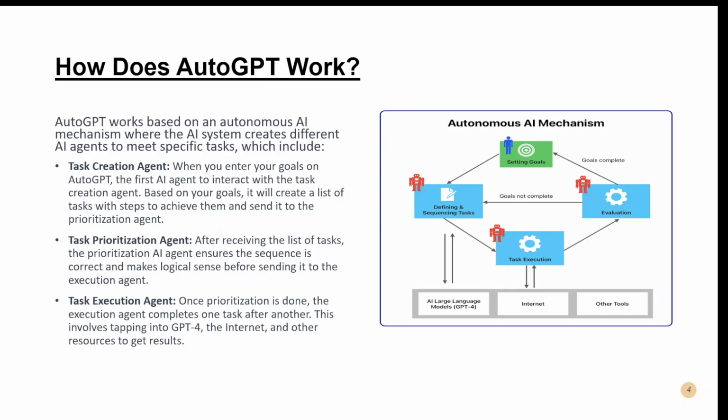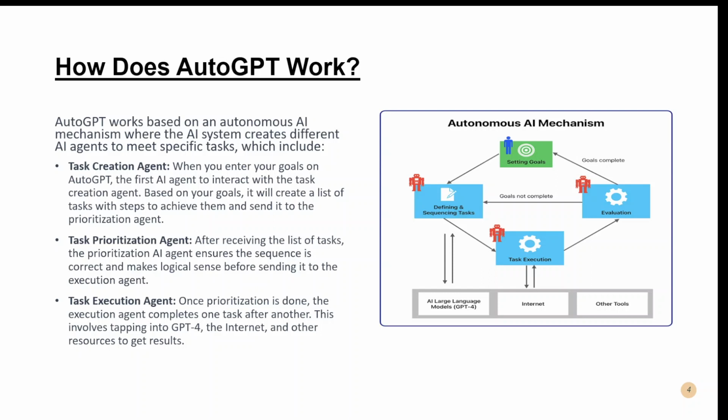Based on your goals, it will create a list of tasks with steps to achieve them and send it to the prioritization agent, as shown here. The task prioritization agent, after receiving the list of tasks, ensures the sequence is correct and makes logical sense before sending it to the execution agent.